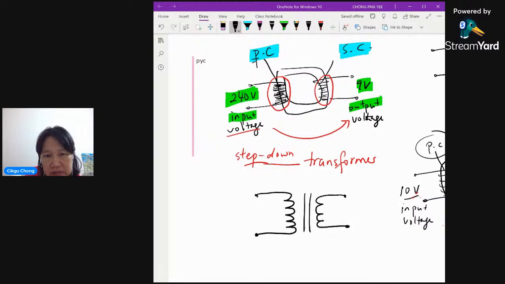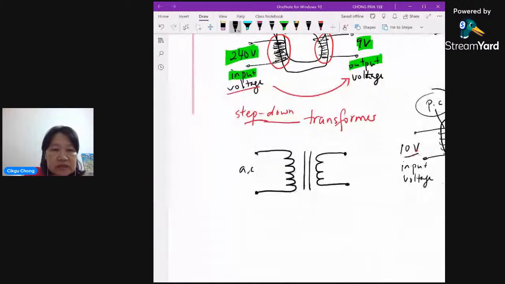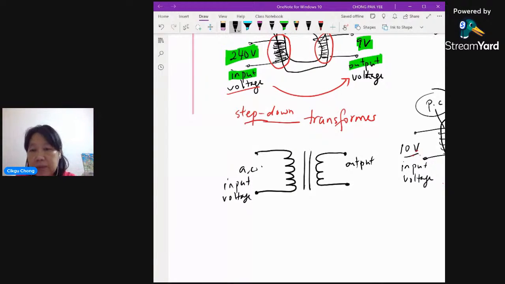When you look at this symbol, let's say this is the AC. This is the input voltage. And this is the output voltage. From here, you will know whether it's a step up or step down. Okay, look at the number. If this is input voltage, that means this is the PC, primary coil.